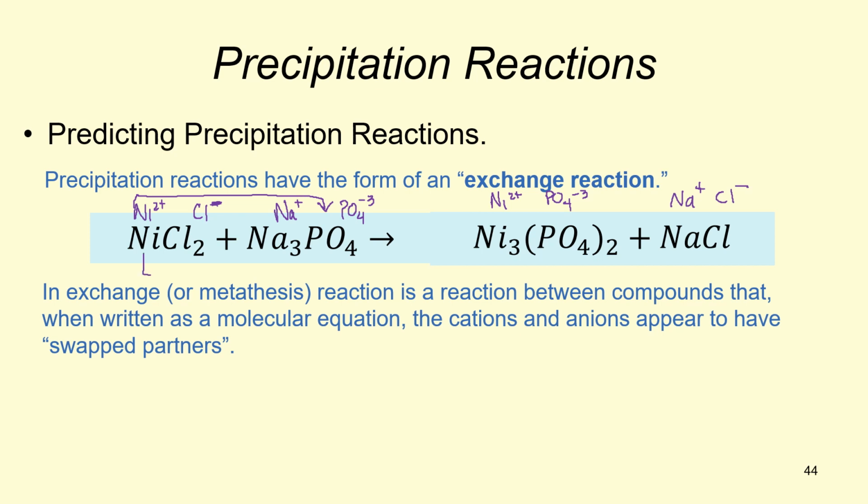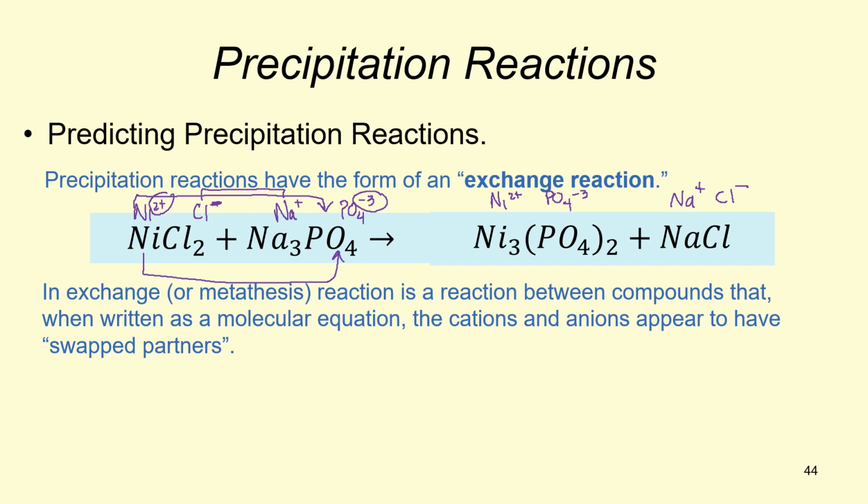So nickel has gone with the phosphate, but you do have to be careful about the charges and balance out the new charges with each other. And then the sodium has gone with the chloride. So it's almost like FOIL, first and last, and then the 2 in between. But we do always write the positively charged ion first in any compound.